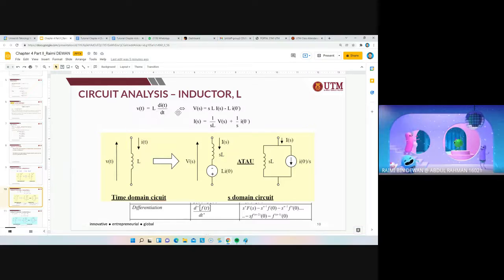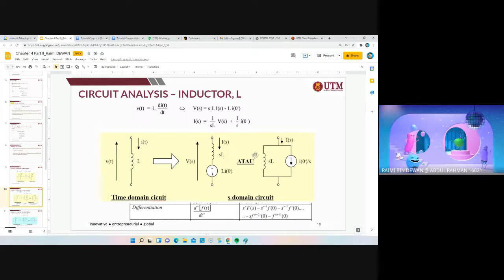If you want to convert to your equivalent circuit, you have two choices in the Laplace domain: you can have a series connection or a parallel connection. It depends on your question which one is more convenient to you. You can use either one, but in solving the equation you will know which one is better.